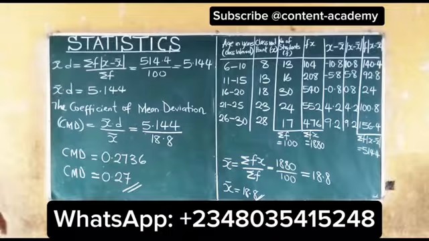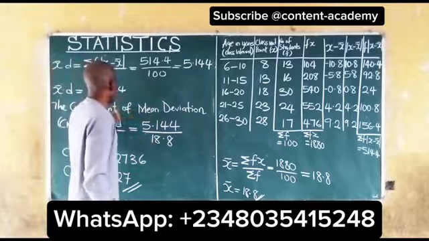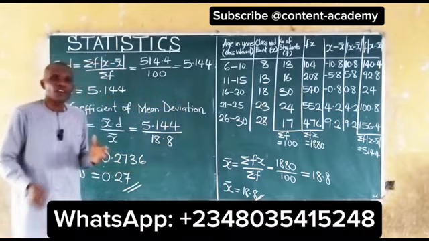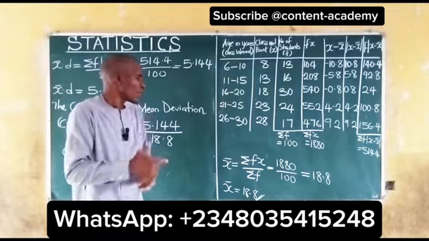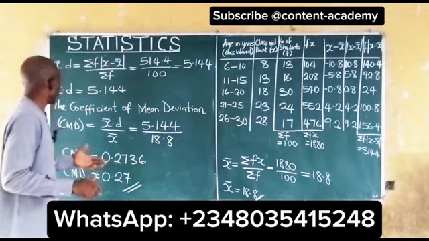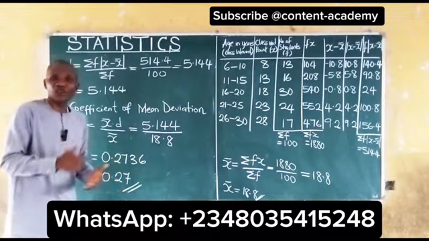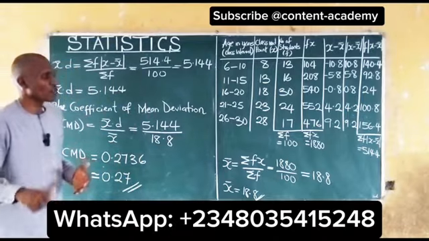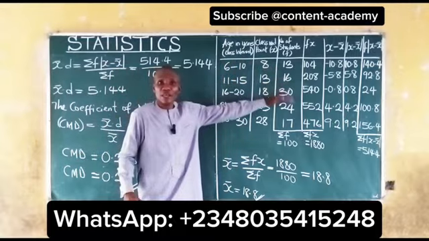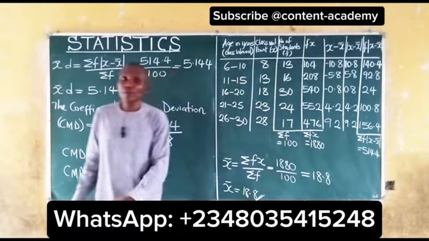So this is simply how we can calculate our coefficient of mean deviation. First, you calculate the deviation, and second, you calculate the coefficient of mean deviation after following all the steps that are given on the board.